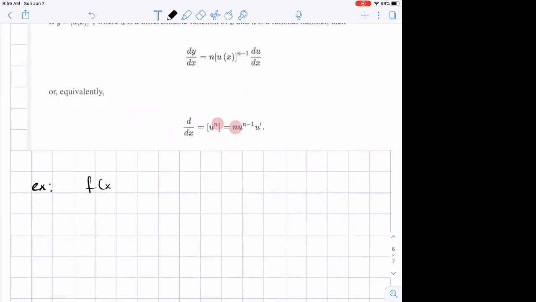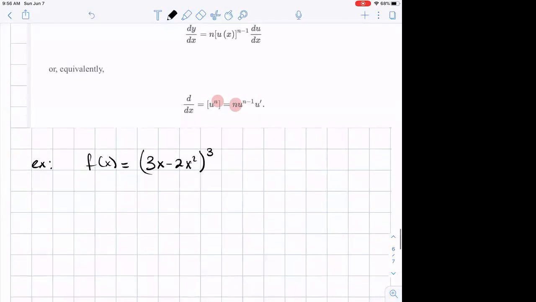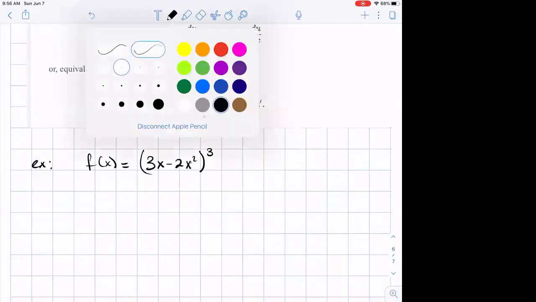f of x is equal to 3x minus 2x squared, raised to the third power. So what is n? Let's try to figure this out.